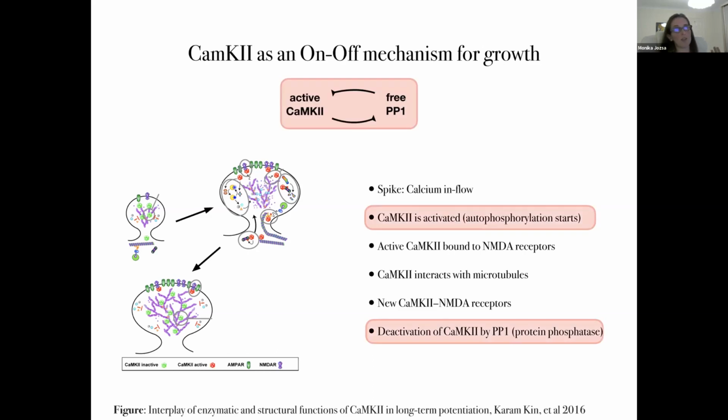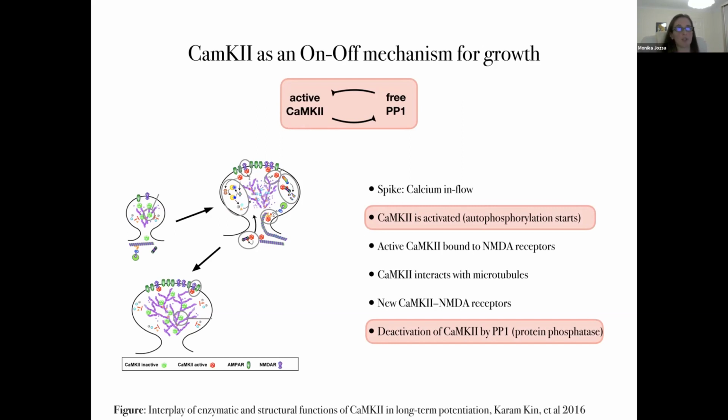For now, let's take these CaMKIIs, more precisely the active CaMKIIs, and free PP1s, those PP1s that are not busy deactivating CaMKIIs. If you take these two populations, we may notice that they inhibit each other.